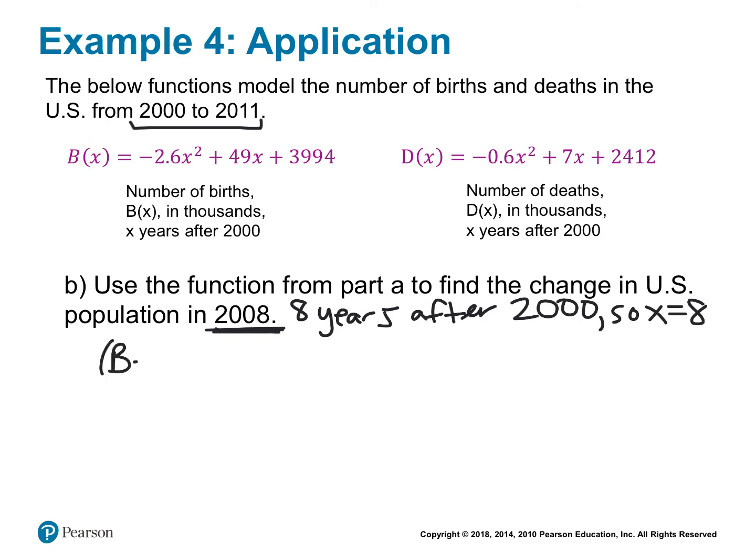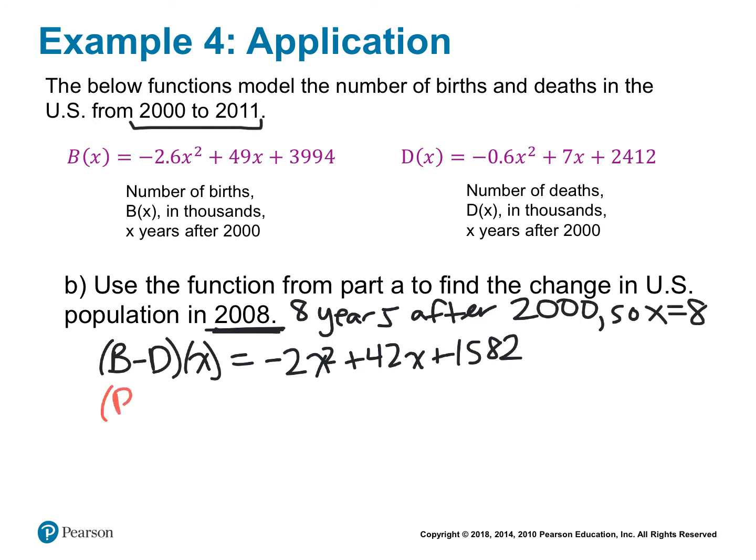So if you remember our formula on the last slide, it was negative 2x squared plus 42x plus 1,582, and I'm going to replace our x with an 8. I want to know what it is when the x is 8. So wherever I see an x, I'm going to put 8, and then go ahead and simplify.